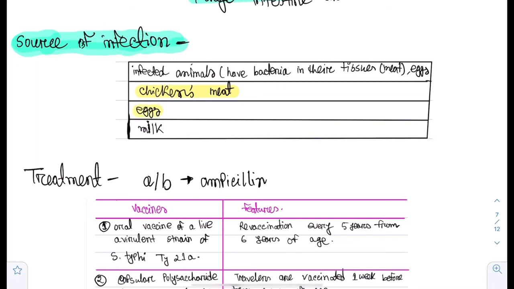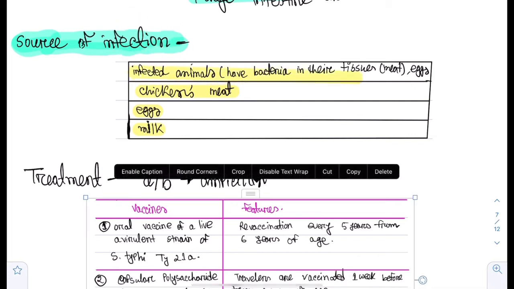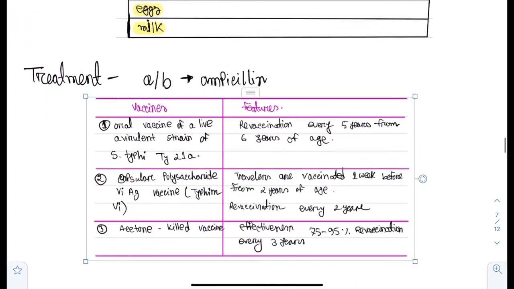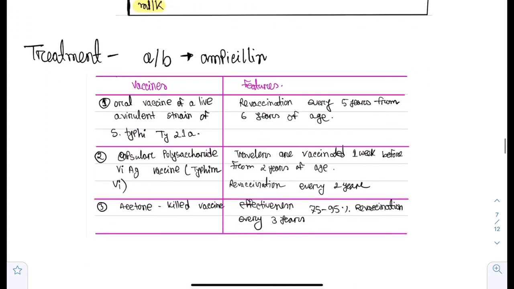And also raw eggs and also milk. On the other hand, there is a huge possibility that infected animals have bacteria in their tissue, in their meat or in the eggs. And the treatment for salmonella is the antibiotic ampicillin.